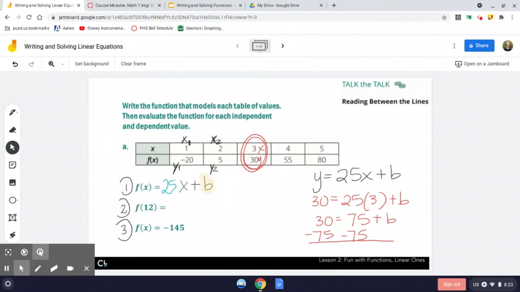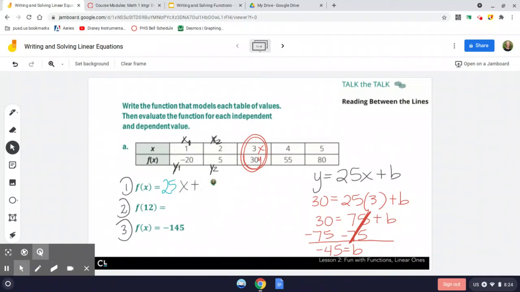So over on the left, I get 30 minus 75, which is negative 45. My 75's here cancel. And I'm left with b. Yay! We did it.